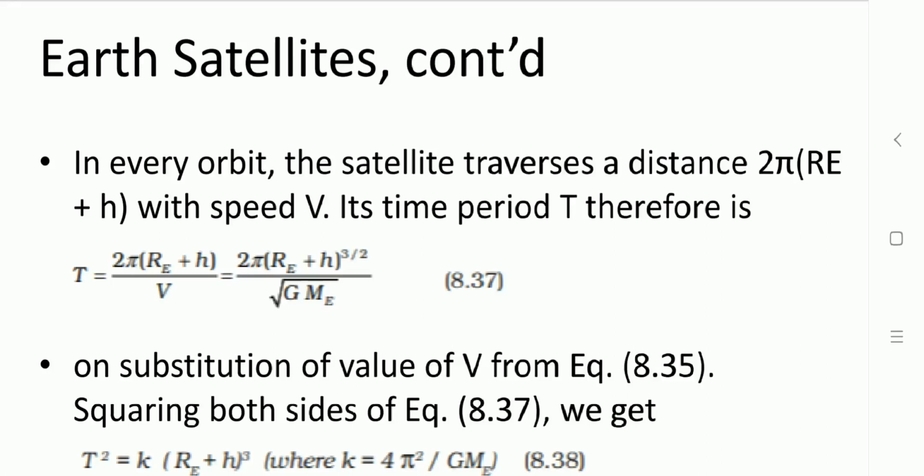By substituting the value of v and squaring both sides, we have T square equal to k (RE plus h) cube, where k equals 4 pi square by G ME, a constant value. Here, which gives Kepler's law of periods.